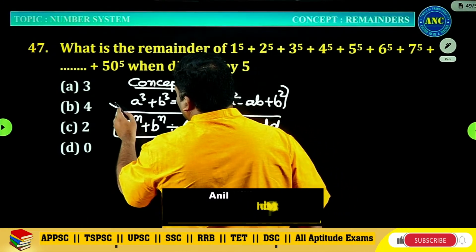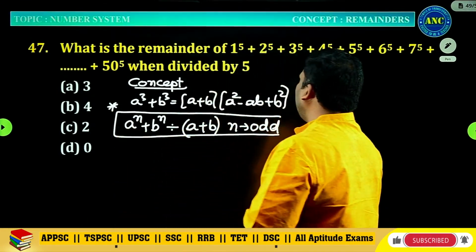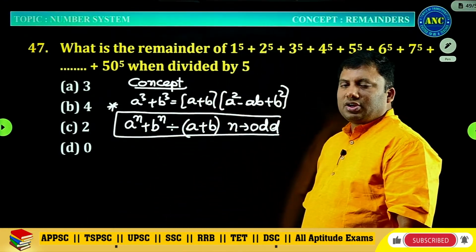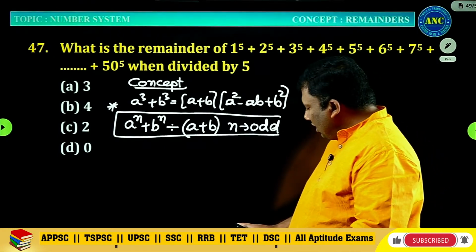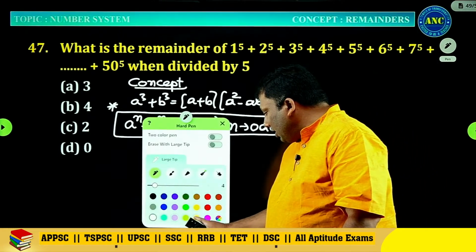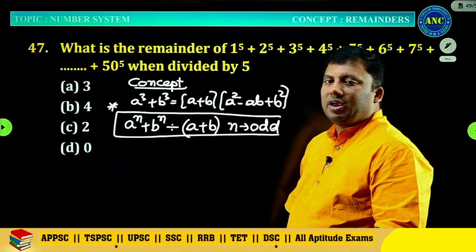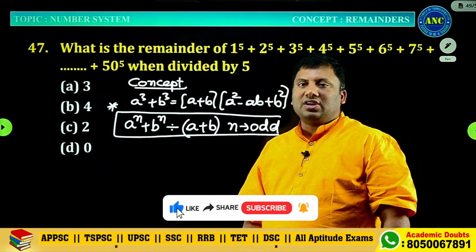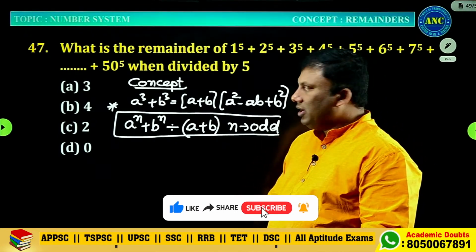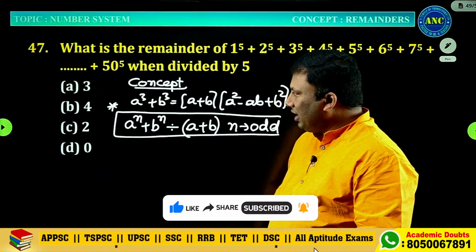Extremely important concept. a^n plus b^n is always divisible by a plus b. I hope the idea is clear.